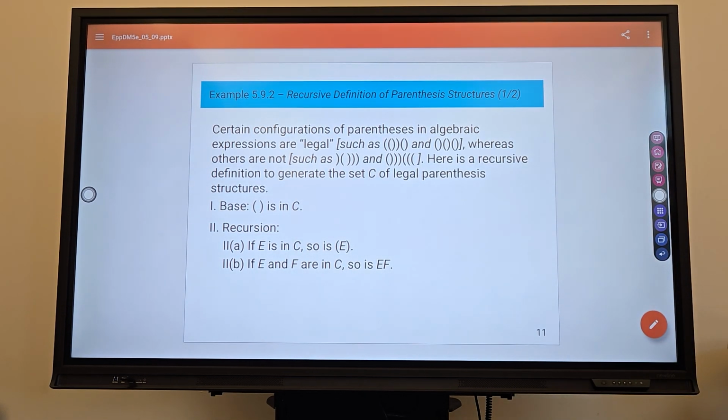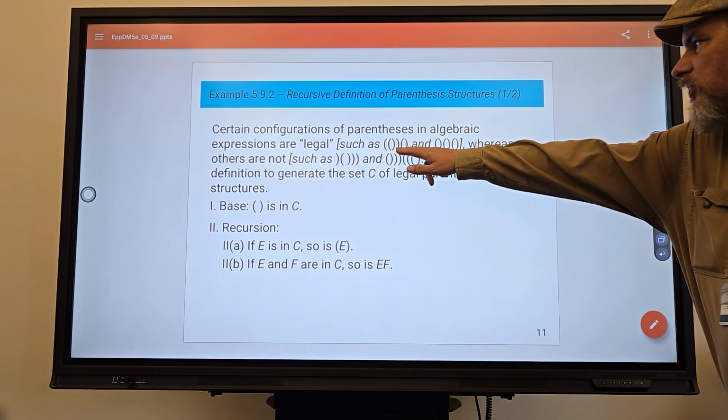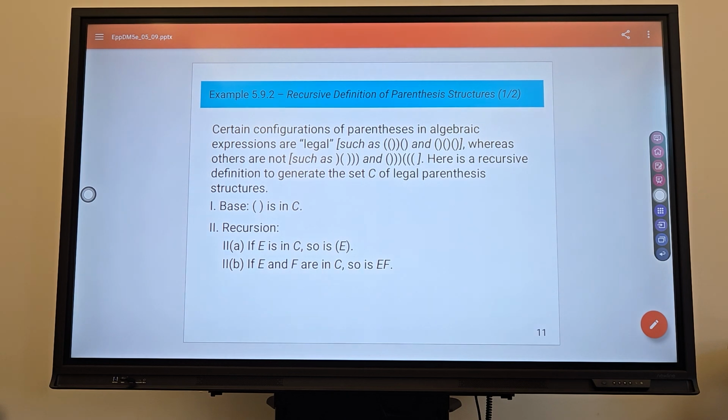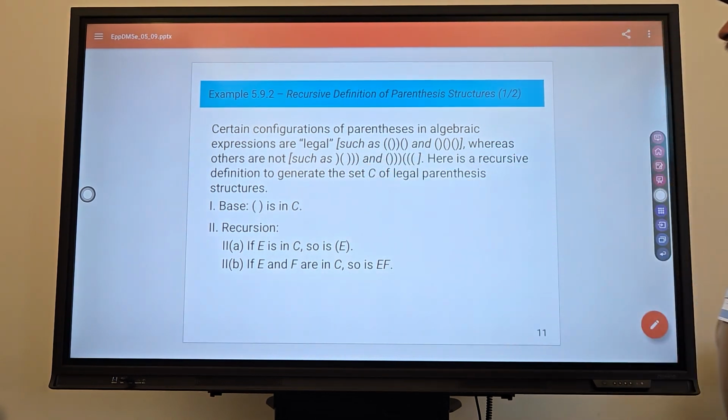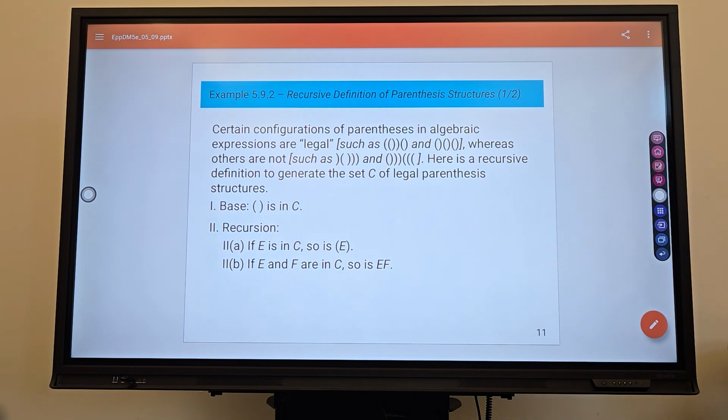Certain configurations of parentheses in algebraic expressions are legal, such as these two here, whereas others are not, such as these two here. Here is a recursive definition to generate the set C of legal parentheses structures. Base, an open and closed parentheses is in C. Recursion.